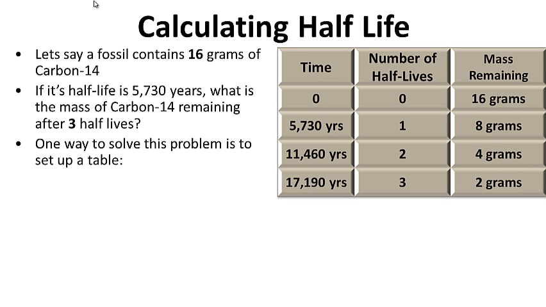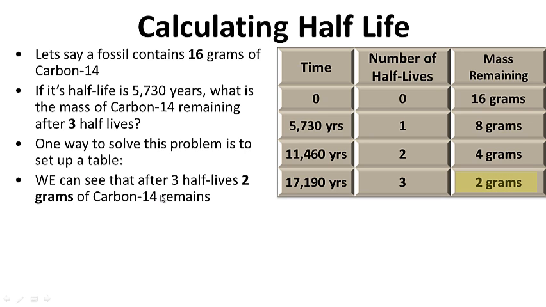Well, one way to solve this problem is to set up a table. 0 half-lives, we have 16 grams. 1 half-life, 8 grams, half of 16. 2 half-lives, 4 grams. 3 half-lives, 2 grams. So we can see that after 3 half-lives, 2 grams of carbon-14 remains. There's our answer.